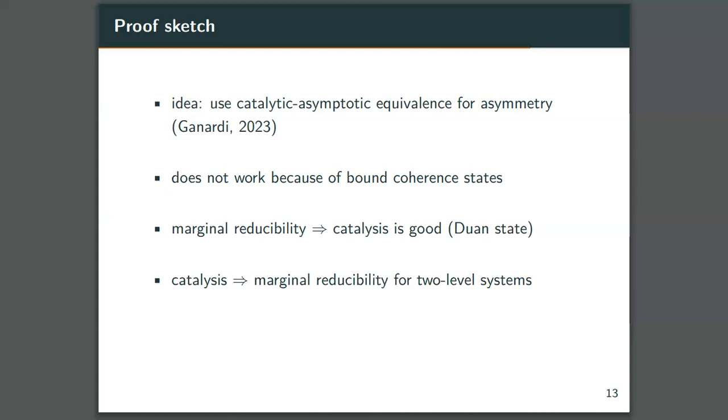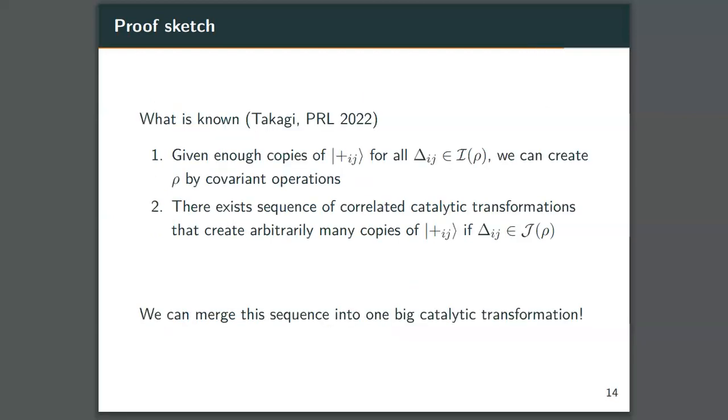So the problem is now reduced to showing that marginal reducibility is transitive. Because if it is, you can go from catalysis to marginal reducibility, combine it into one big thing, and then go back to catalysis again. This is indeed what we do, and this shows that we can merge this sequence into one big catalytic transformation.